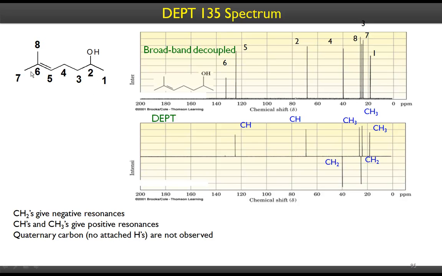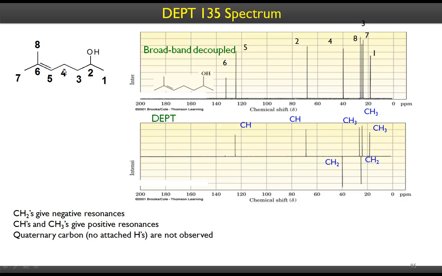We have a compound here which is an alkene containing alcohol. It has different types of carbons. We have methyls, methylenes, methynes, and a quaternary carbon. How many carbons do we expect? Are these methyls different from one another? Yes, because you have a double bond.